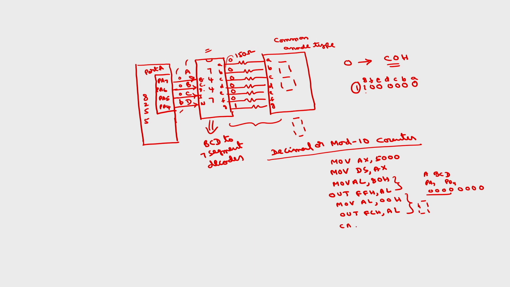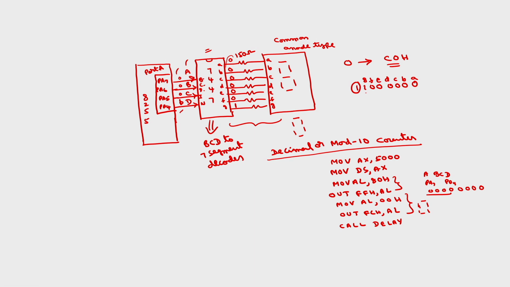Then you call a delay of any time that is required by the application. Then I have to increment this, from 0 to 0 1. For that, you set the carry. This will be more convenient if I use the lower order 4 bits instead of the higher order 4 bits.